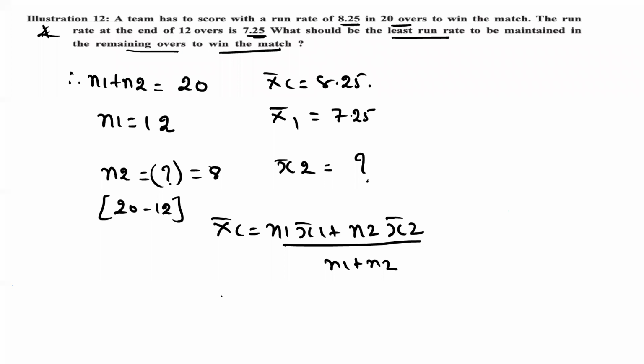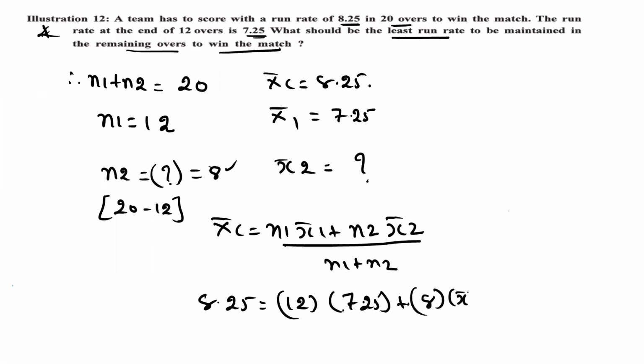X bar c comes to 8.25. N1 is 12, x bar 1 is 7.25. N2 is 8, x bar 2 is missing. Upon N1 plus N2, which comes to 20.